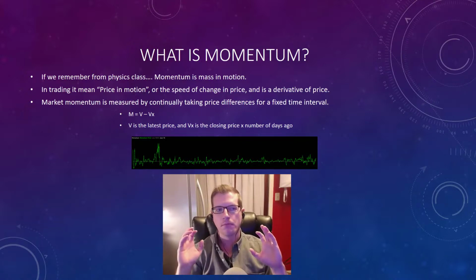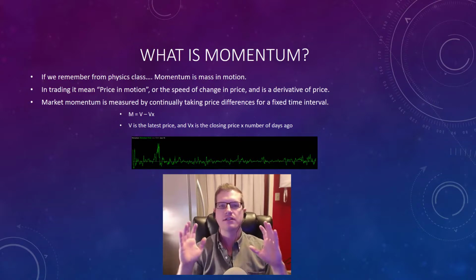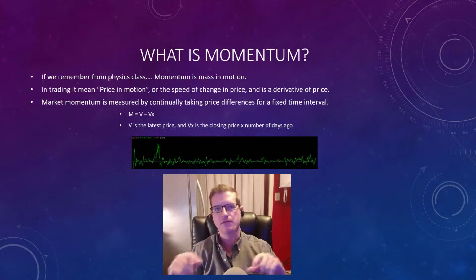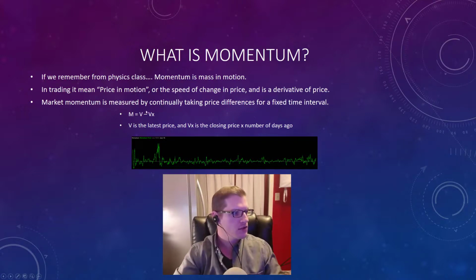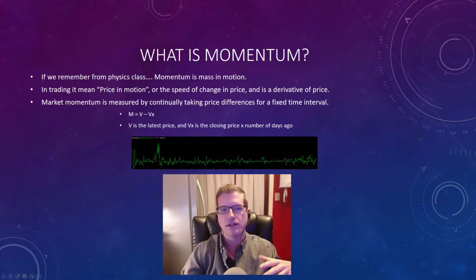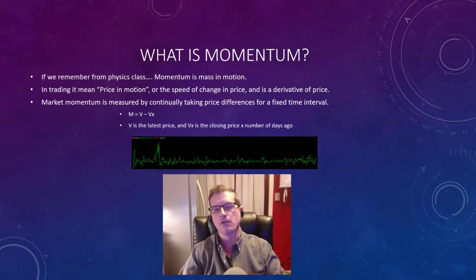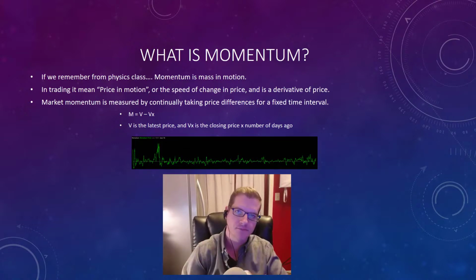Market momentum is measured by continually taking price differences for a fixed interval of time. Looking at the formula, it's M equals V minus Vx, where V is the latest price and Vx is the closing price X periods ago.